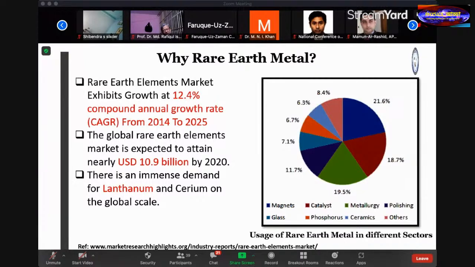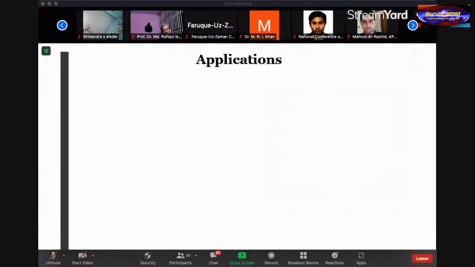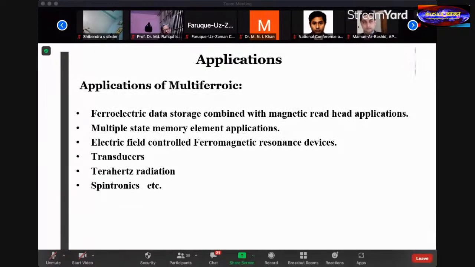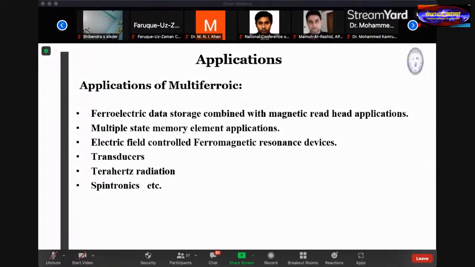I'm not going into details because of lack of time. These are the applications of multiferroics: ferroelectric data storage combined with magnetic read head application, multiple state memory element application, electric field controlled ferromagnetic resonance devices, transducers, terahertz radiation, spintronics, etc.